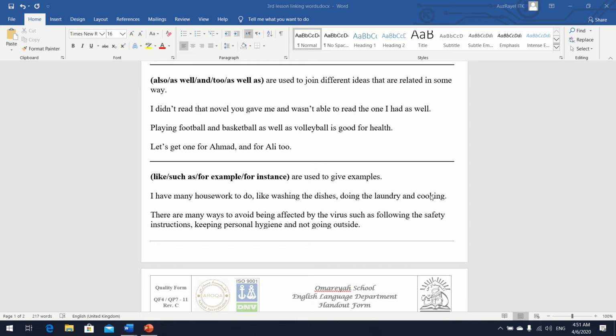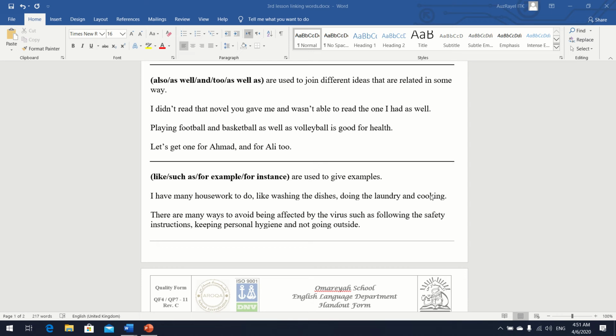We added another sport to these two. So as well as comes before the end, when you want to give the last thing that is linked to the others. So you can't put as well as at the end of the sentence like how we did with as well.